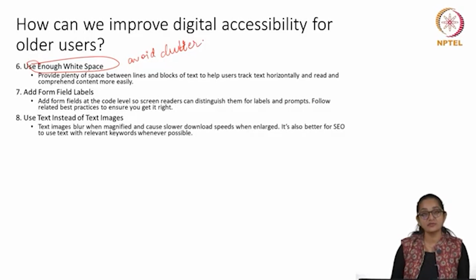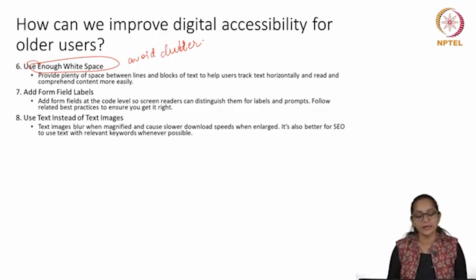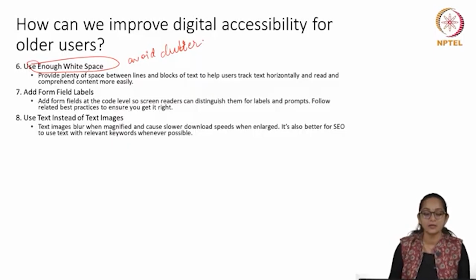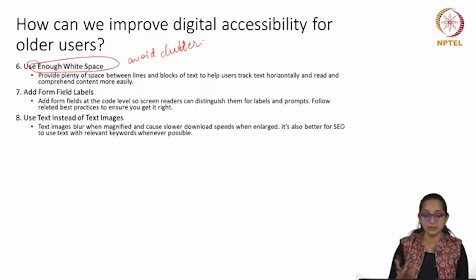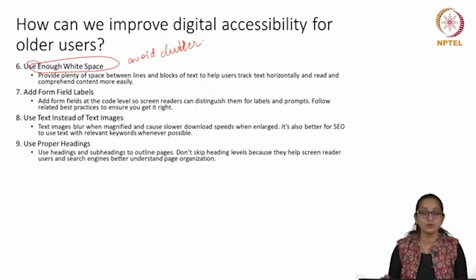Use text instead of text images. This is again under the WCAG guidelines. Text images blur when magnified and cause slower download speeds when enlarged. Also, it is better for SEO to use text with relevant keywords whenever possible. So, your pages will pop up in the search more easily and more effectively.